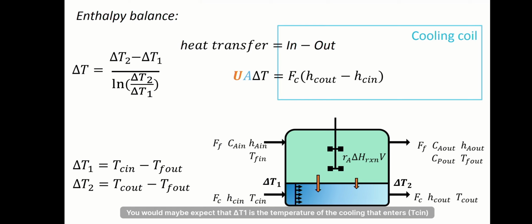You would maybe expect that delta T1 is the temperature of the coolant that enters minus the temperature of the feed that comes in, but that's not the case. Due to the ideal mixing, the temperature in the tank is the same at all places, and that means also at the outlets. So the delta T1 is your T of the coolant in minus the T_F out due to that ideal mixing.